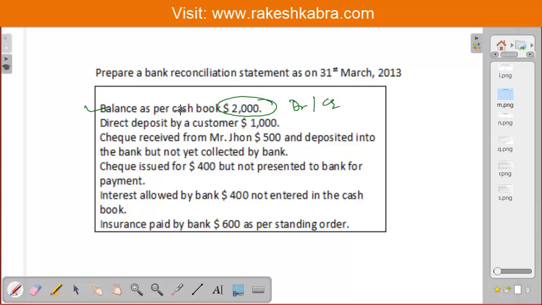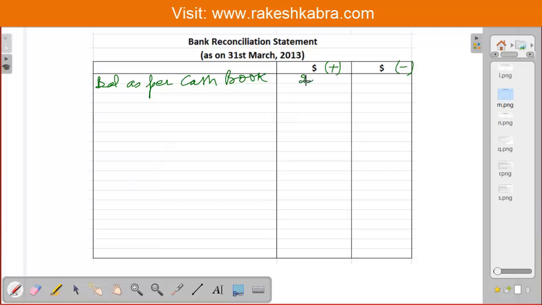So we will assume that this balance is debit balance, and debit balance as per cash book is positive for us. Remember this. So that's why I will write this balance in the positive column. Debit balance as per cash book, and I will write the amount in the positive column.